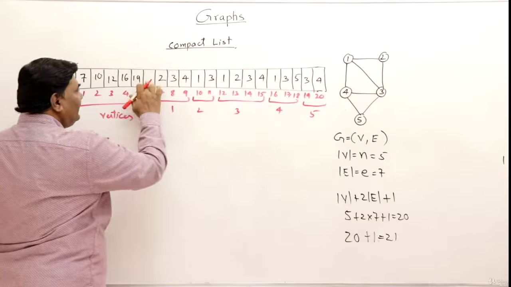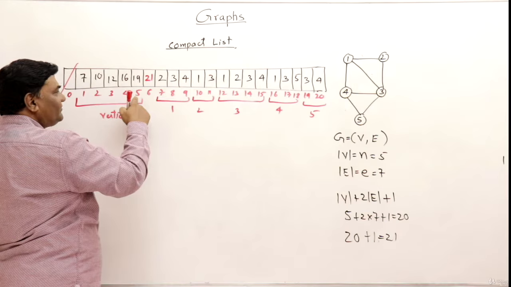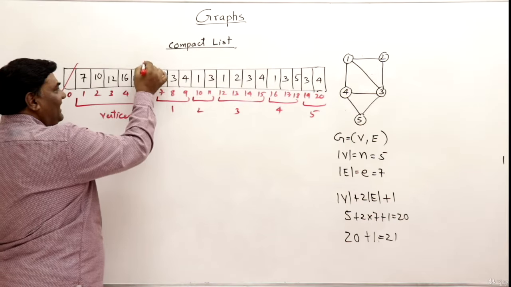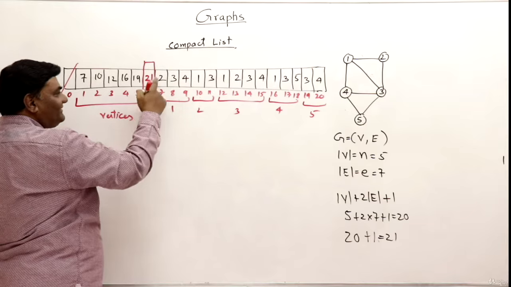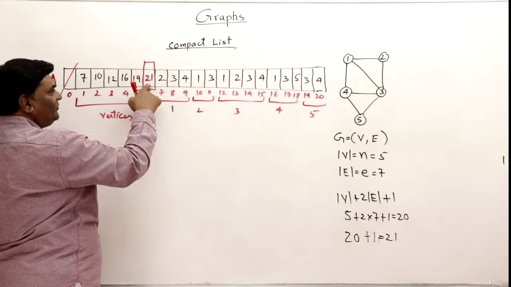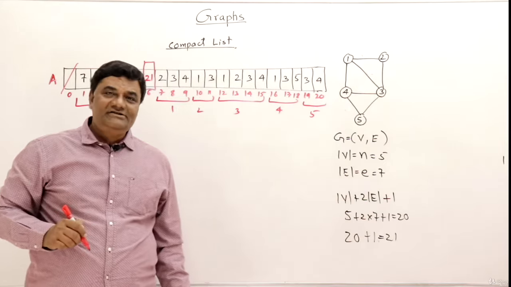So here I should write down 21. It gives the ending point for the vertex list of 5. That's why we have kept this place blank, so that we can store the index that is outside the size of the array, that is 21. 19 to 20 minus 1, 20. So that's it. This is the compact list representation.